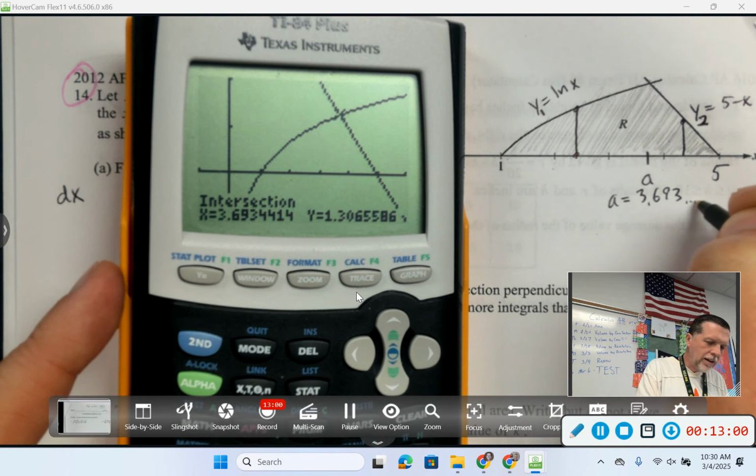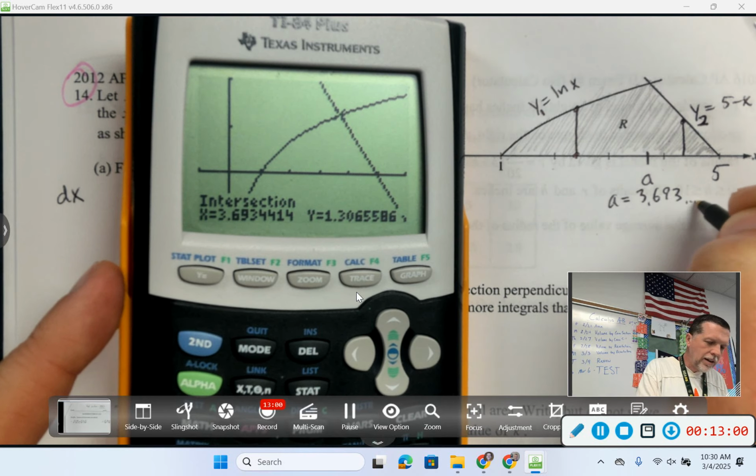Dang it, I forgot to get it while I was over there. Only because I've worked the problem before, I know I'm going to need that y value in a minute. So I got to go back and get that. 1.306. Now, your calculator won't remember the y value, so either write it down and then store it, or write it down and keep using it as 1.30, but I don't want to do that.